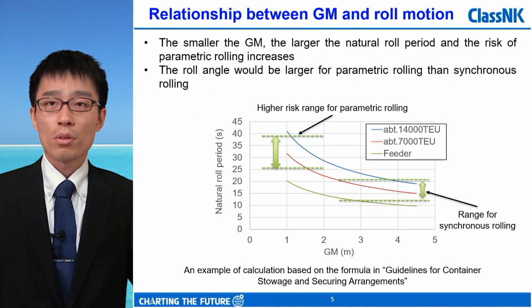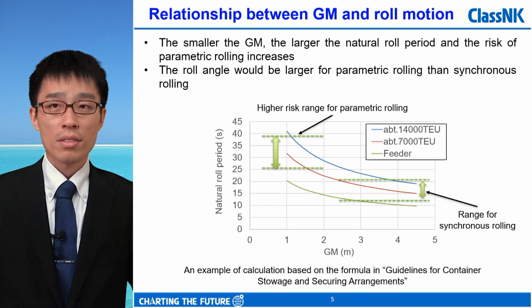Estimation of natural roll period is the most important for avoiding parametric rolling. This chart shows natural roll period with GM on the horizontal axis. GM is a very critical factor for natural roll period. This is the result of assuming 14,000 TEU, 7,000 TEU, and feeder size container ships.